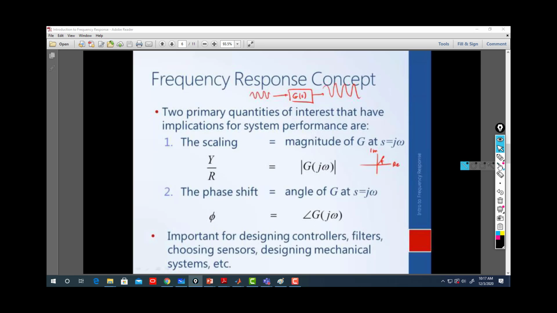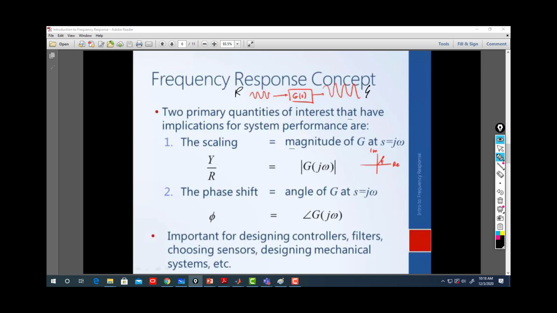So here it is. How do I draw my frequency response concept? Two primary quantities of interest that have implications for system performance are the magnitude and the angle. The magnitude, or the scaling, is y over r.